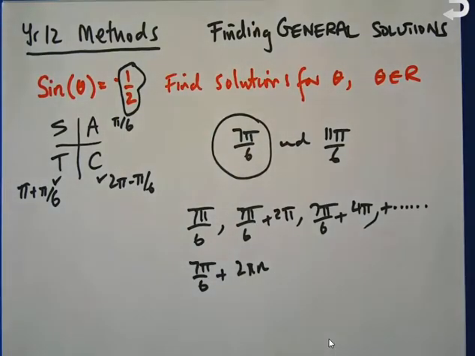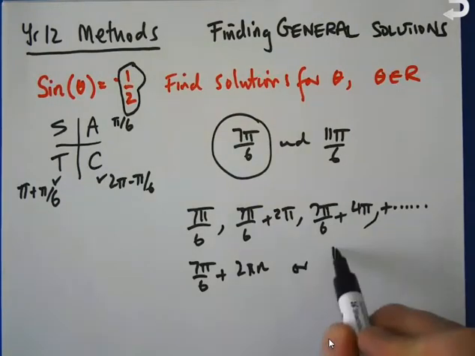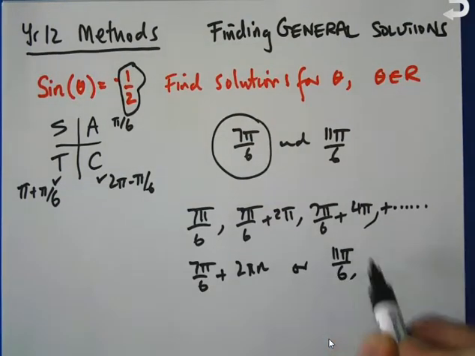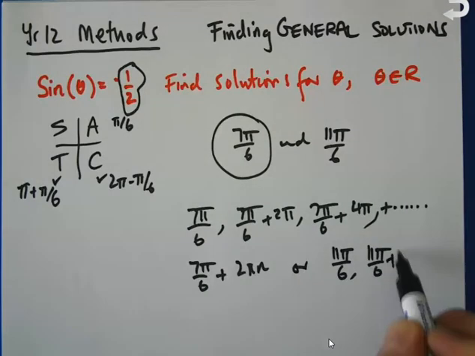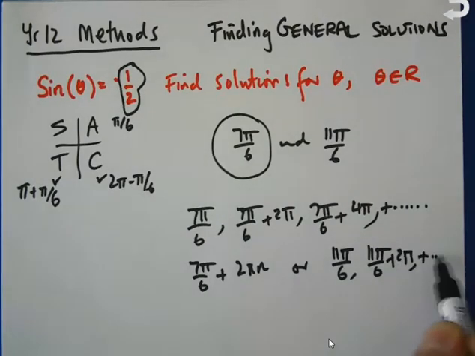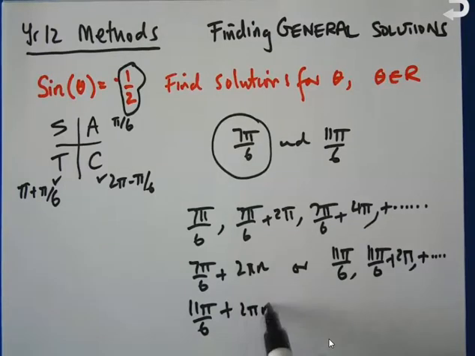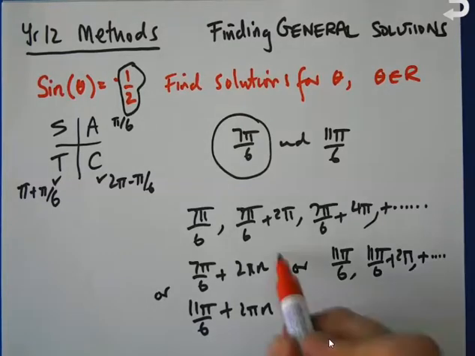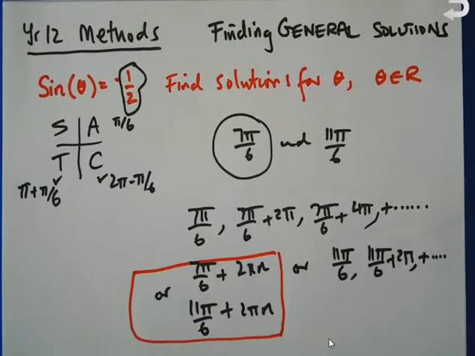Or 11 pi on 6, 11 pi on 6 plus 2 pi, plus all of the even pi's, which gives me 11 pi on 6 plus 2 pi n. Those two is the general rule to cover all possible solutions.